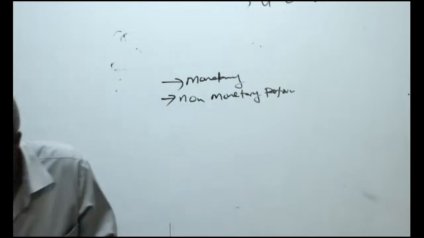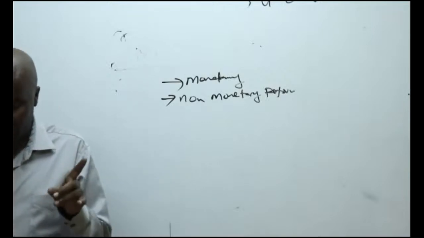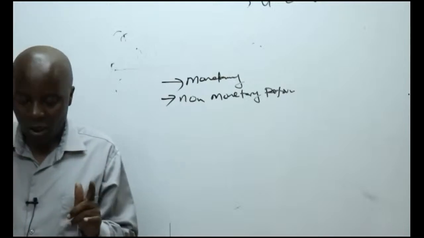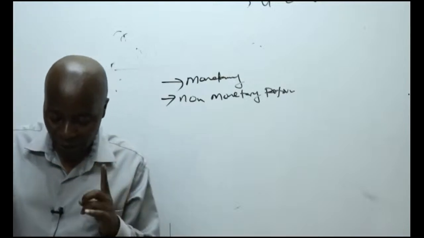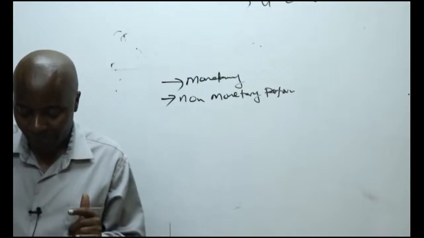So these questions are so many in your past papers, which I would want you to go and look at. For example, the first homework is November 2018, question number 2B. Please write that down.